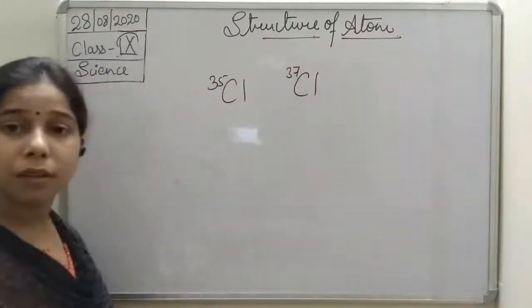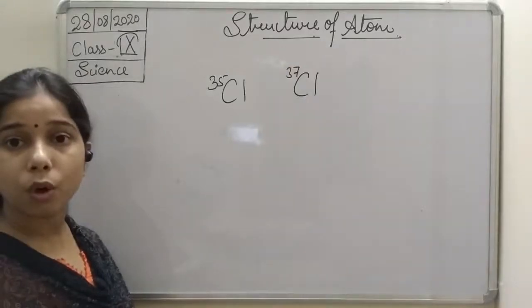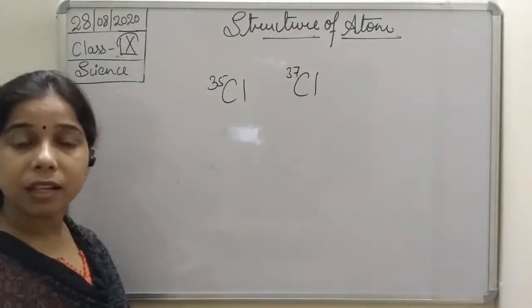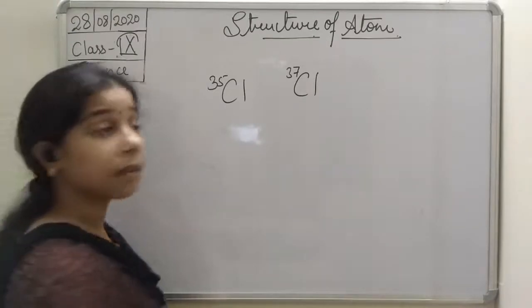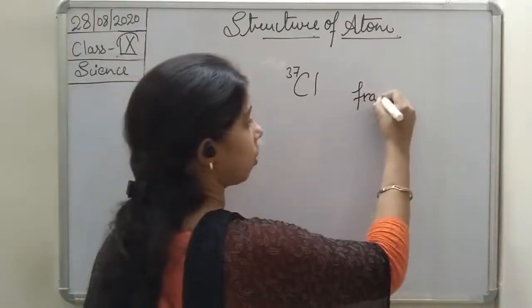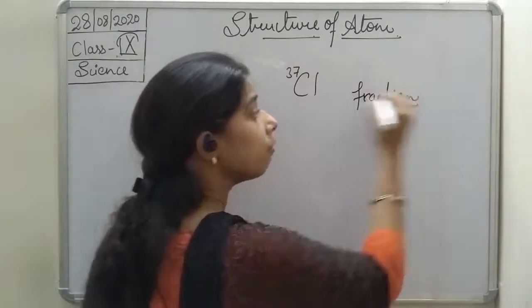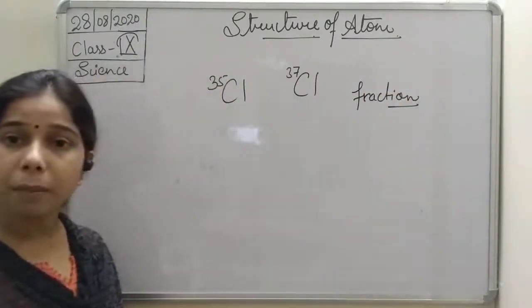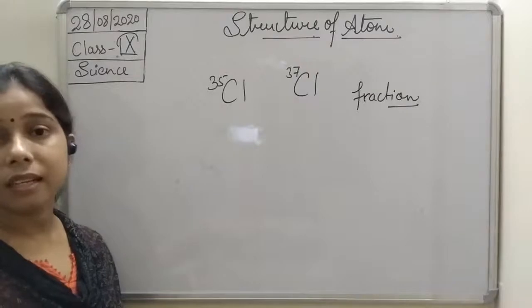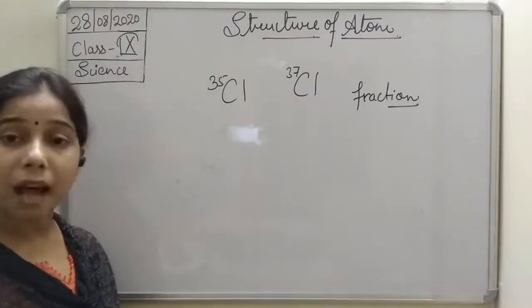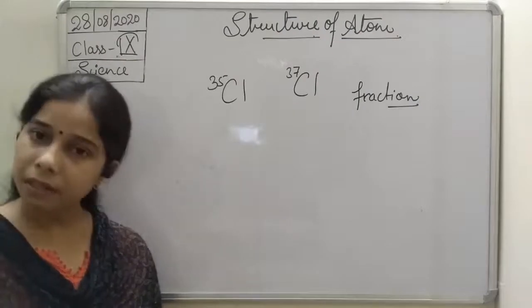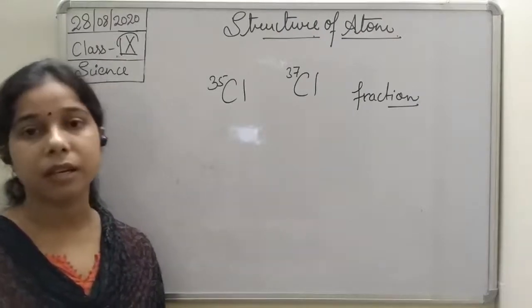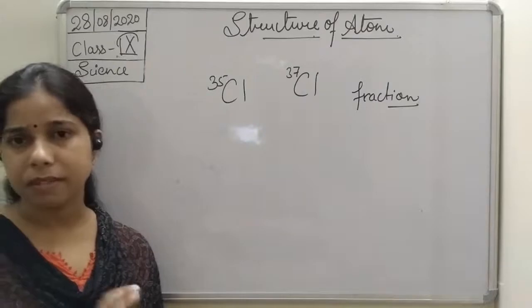You can see here their relative atomic mass is almost similar. And you have seen that most of the elements have their atomic mass in fraction. So why is it so, students? Why do the elements have atomic mass in fraction? It is because they have isotopes, and these isotopes are present in nature in a different ratio, but yes, their relative atomic mass is very similar.